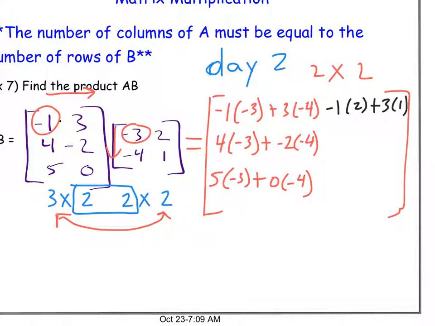Now on my first matrix, I bump down to row 2, and I have 4 times 2 plus negative 2 times 1. And finally, all the way down to the bottom, where I do 5 times 2 plus 0 times 1.